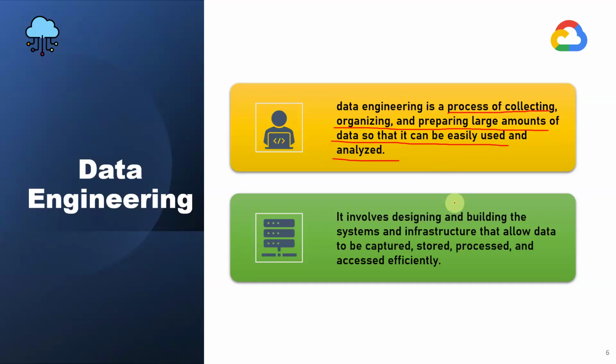While you're doing so, you may have to build the systems and infrastructure that allow the entire process to be done automatically and efficiently, because these are nothing but pipelines. You're going to create pipelines which will extract the data, organize the data, and prepare the data for analysis automatically, so we don't have to do anything manually.